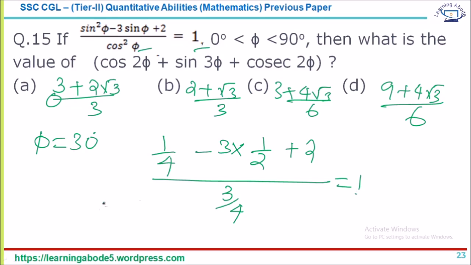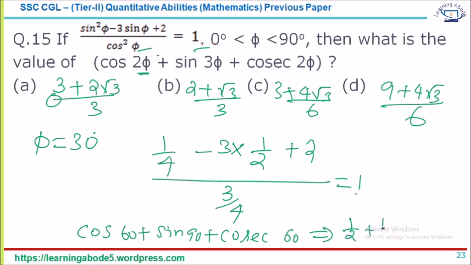So now we can substitute the same 30 in this equation. So you will get cos 60 plus sin 90 plus cosecant 60. Now that value, if you find, it will be 1 by 2 plus 1 plus 2 by root 3. Now this I'll write it here.